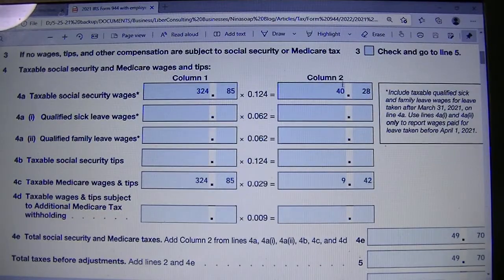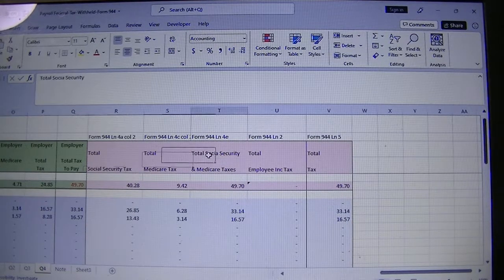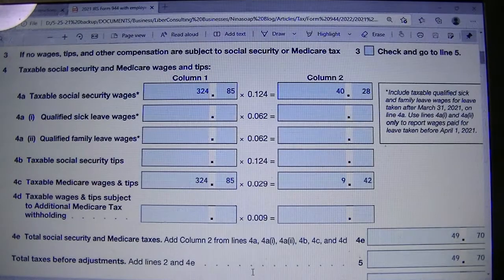In our case, it's $40.28 and $9.42. So that's $49.70. And we can locate that on our spreadsheet as well. It will be total Social Security, and I put form 944 line 4E, and it's $49.70.